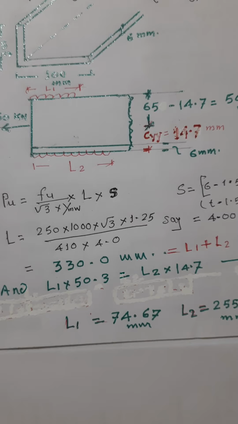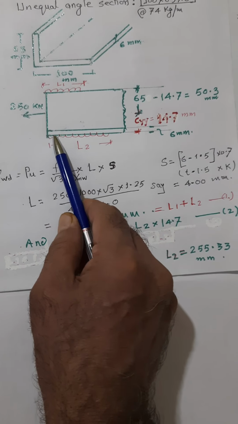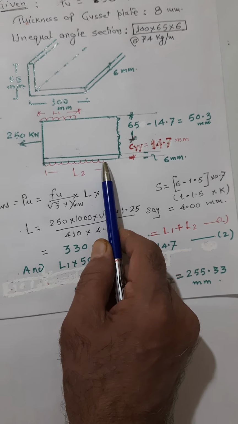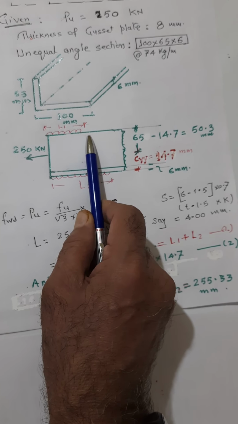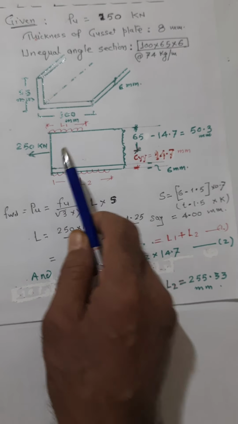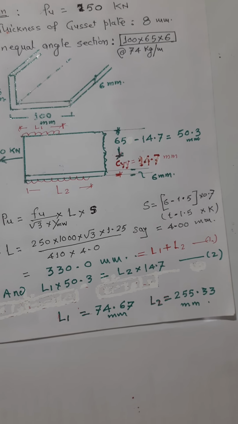This way, because the angle has a thickness as shown over here, one side needs more welding and the other requires less length. Hence we have to calculate the values of L1 and L2 separately when an angle is given.